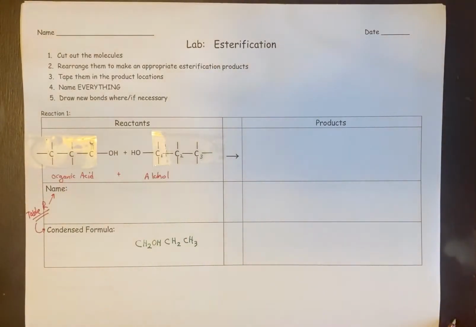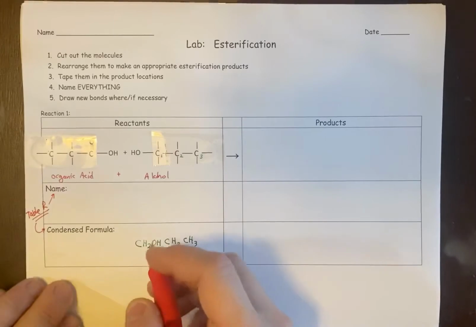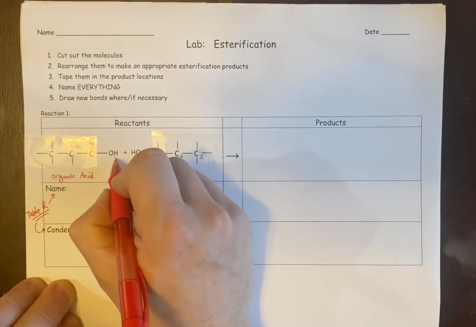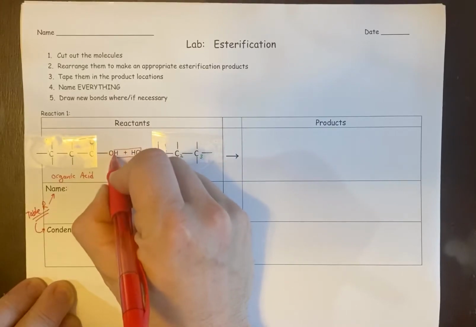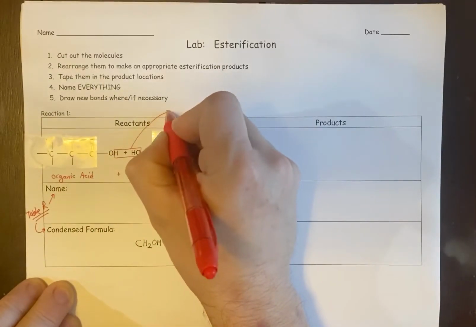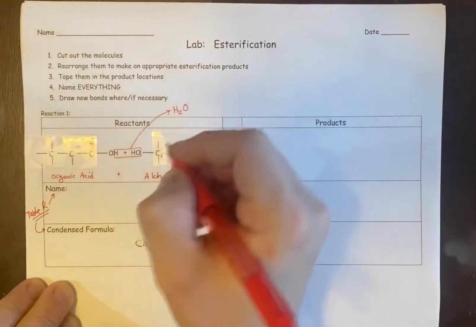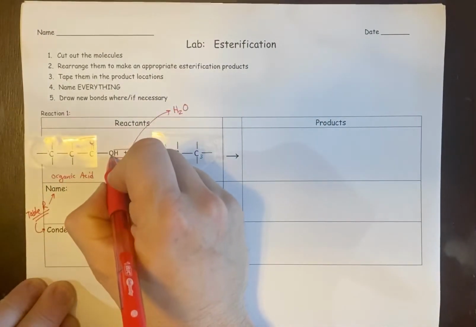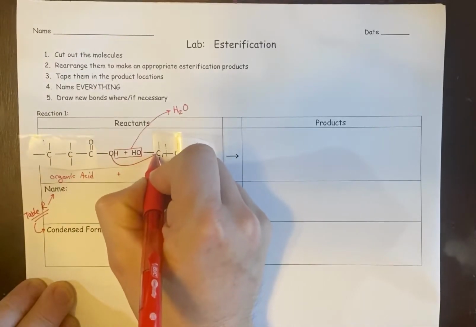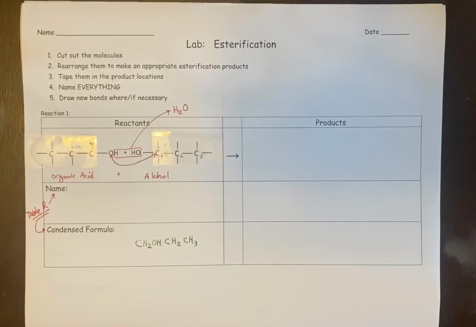Now for the products. When we do an esterification, the H from the acid comes off, the OH from the alcohol comes off, and they form water. Then what's left over, the O, bonds to the carbon, making an ester. So you're going to take your molecule and literally cut the bonds out and glue them down the way they're supposed to be.